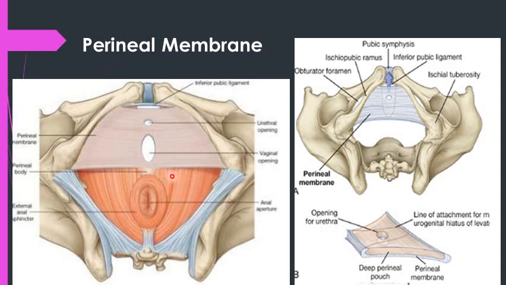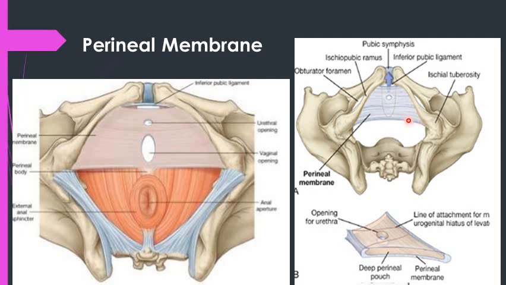So what is this muscle? You can see here that it is the levator ani muscle forming the pelvic floor or the pelvic diaphragm. If I remove this muscle from here, then you can also see and appreciate in this picture that the posterior aspect has no such membrane, and this perineal membrane is only overlying the anterior urogenital region.